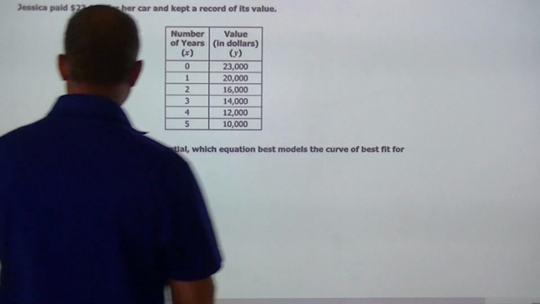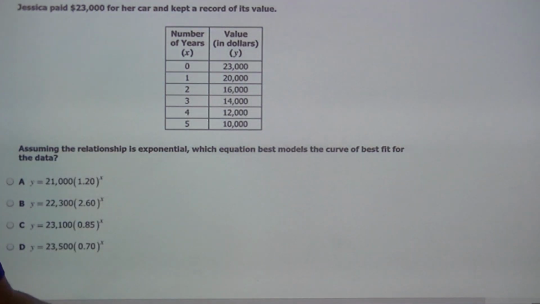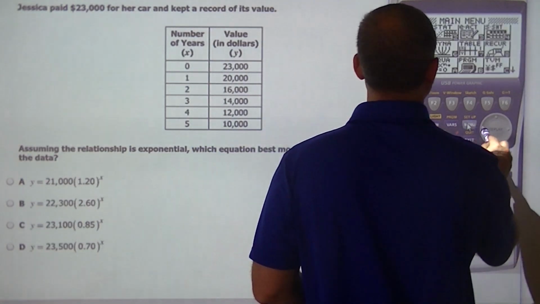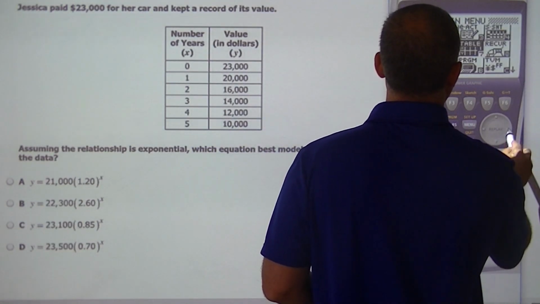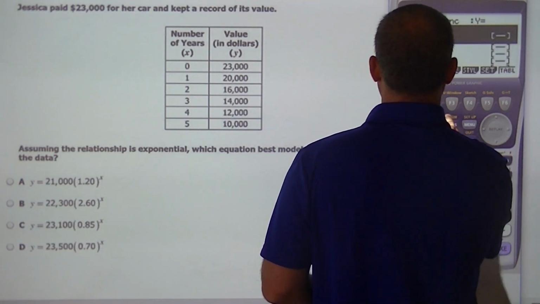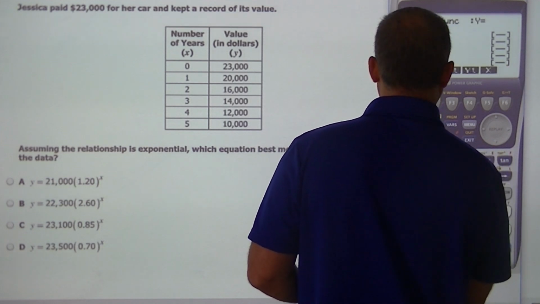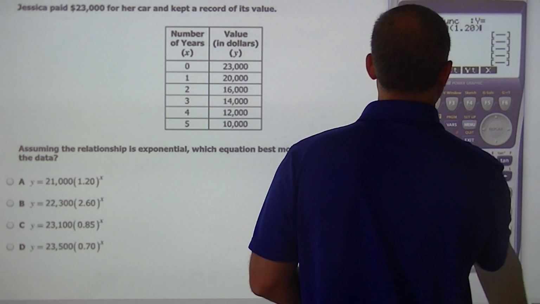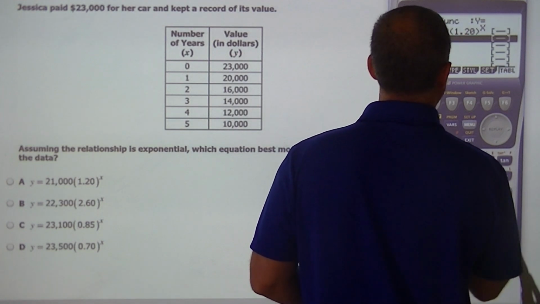Okay, this one, all right, I want to match the table. All right, so what I'm going to do, I'm going to see which table makes the most sense. All right, I go 21,000, okay, 1.20 to the x power.